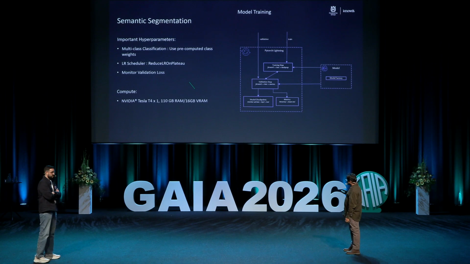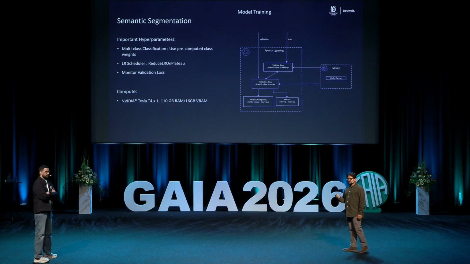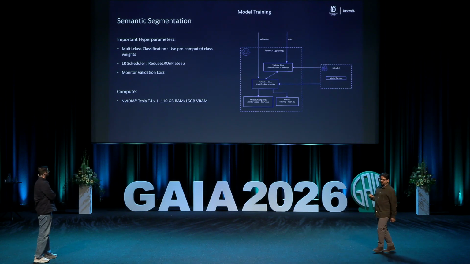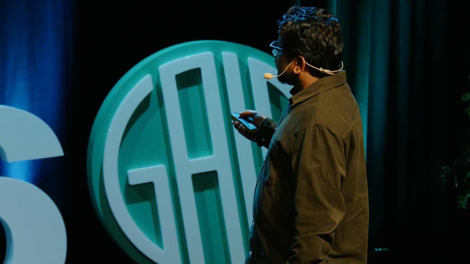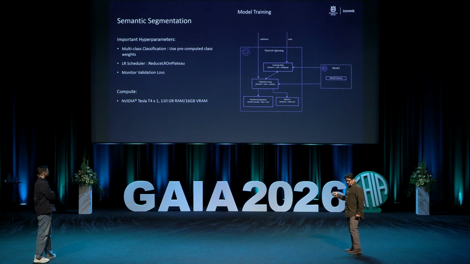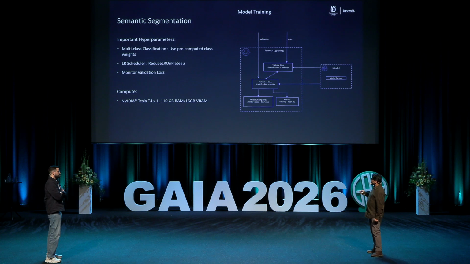This particularly helps the model during training to explore a lot of different parameter space. And then, like I said, we built ease of observability, so we monitor the loss function itself to train the model.